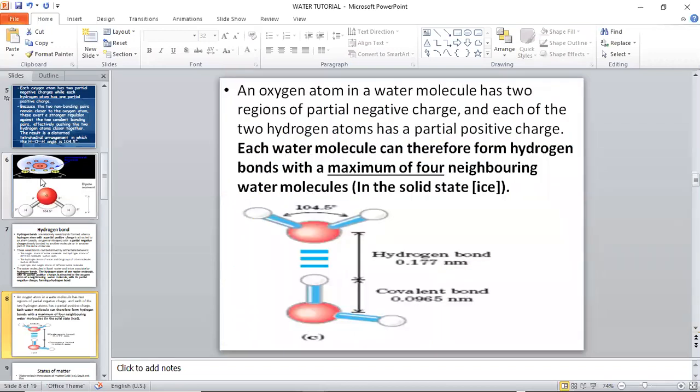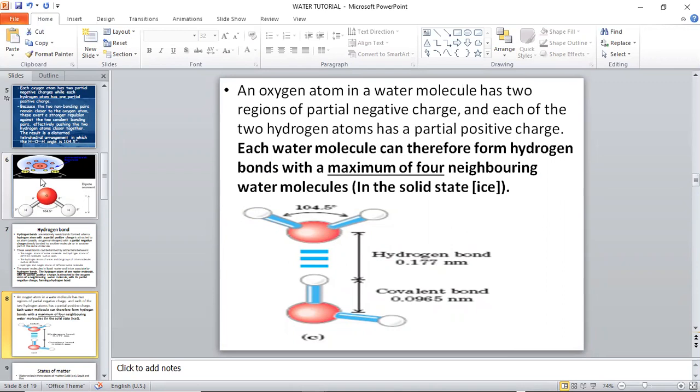An oxygen atom in a water molecule, as I explained earlier, has two regions of partial negative charge, and each of the two hydrogen atoms has a partial positive charge.